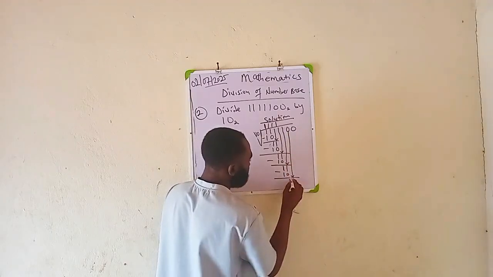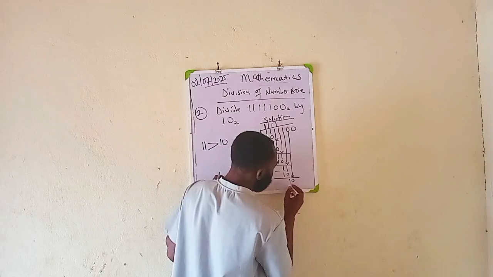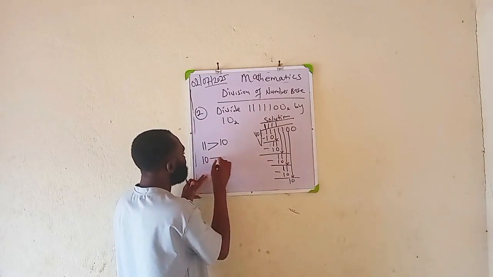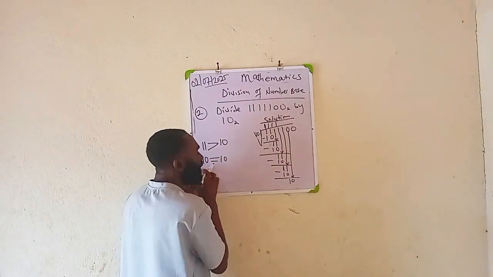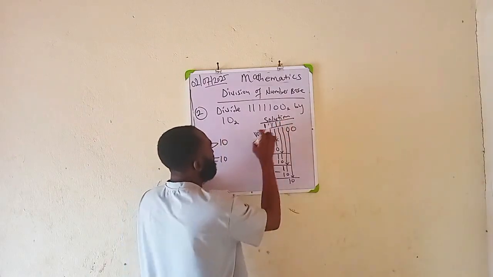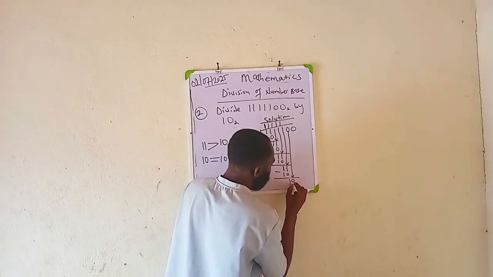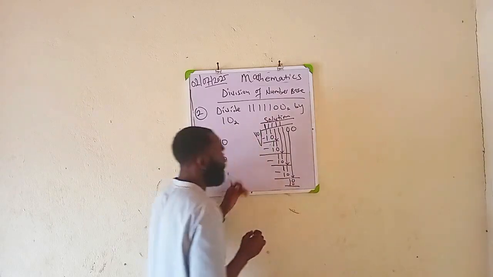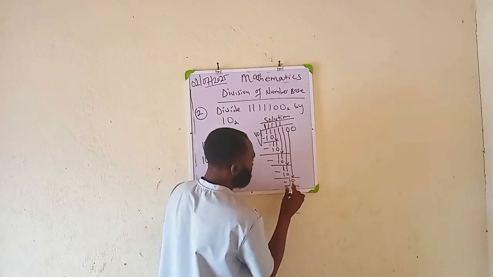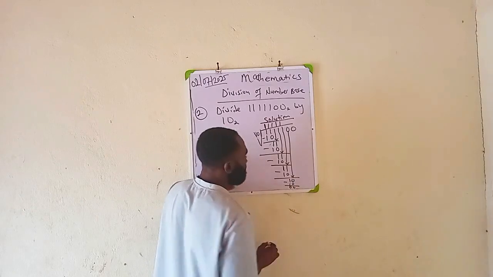Then we push the sixth digit down, which gives us 1 0. And here too, we discover that 1 0 is equal to 1 0. That tells you that when we divide, we get 1 time. 1 times 1 0 will give us 1 0. So when we subtract, 0 minus 0 is 0. 1 minus 1 is 0.